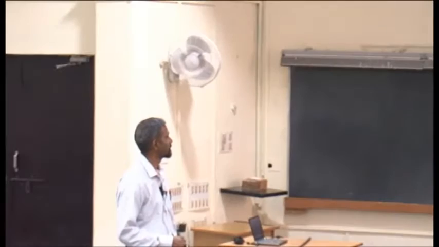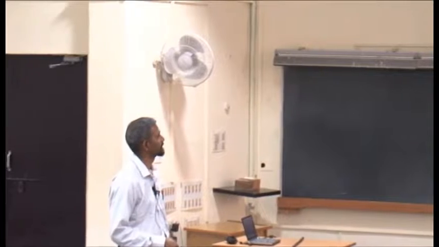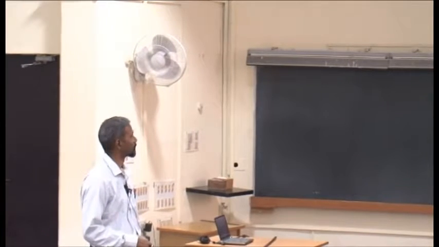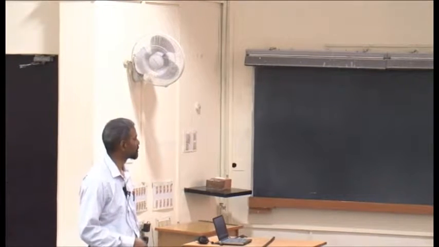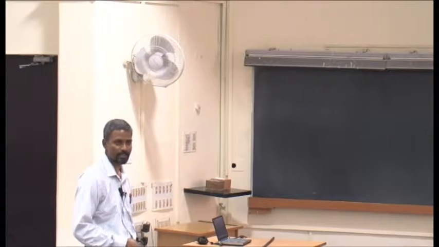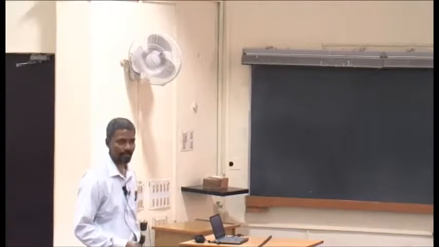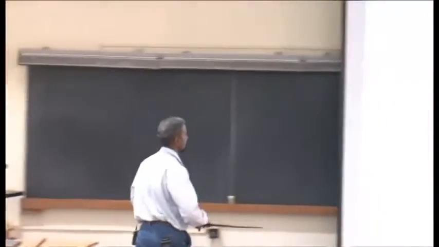So an example. This is a little difficult for you to understand. You have the projection on the frontal plane and the projection on the horizontal plane, the front view and the top view.